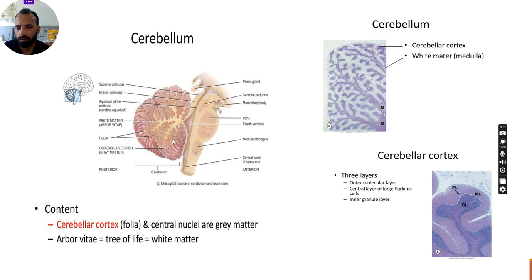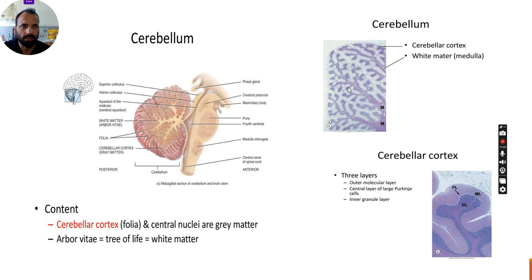You have the central nuclei as gray matter. The tree of life, or arbor vitae, is the white matter, arranged because here will be the cerebellar peduncle. The cerebellar peduncle is basically the white matter that will go inside towards the parenchyma or the gray matter of the cerebellum, and it will divide like that of a tree. Tree of life is also known as this.